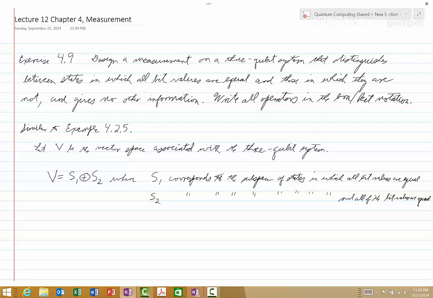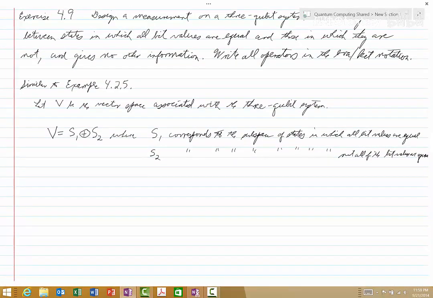I don't want to say too much about that because I might save that for a later problem. It's a very good problem as a follow-up to the one we're about to do. But just keep in mind that the vector space can be written as a direct sum of more than two subspaces, if that's appropriate for the problem under consideration. But in this case, there are only two possibilities that we're interested in. Either all the bit values are equal, or they're not all equal. So we have two subspaces here, S1 and S2, and we want to proceed with that kind of thinking.